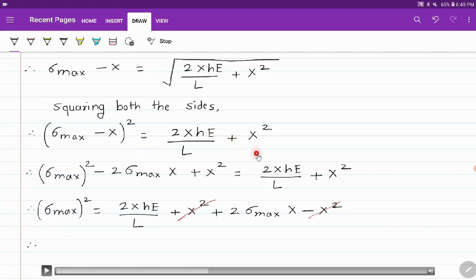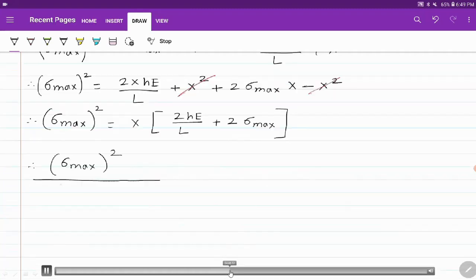The minus term will come on this side, it will become positive, and this plus term will come on this side, it will become negative, and this plus x square and this minus x square will get cancelled. So we now have only these two terms. Take x common from this, so it is 2hE by L plus 2 sigma max. So sigma max square divided by this entire bracket will give you the value of x.